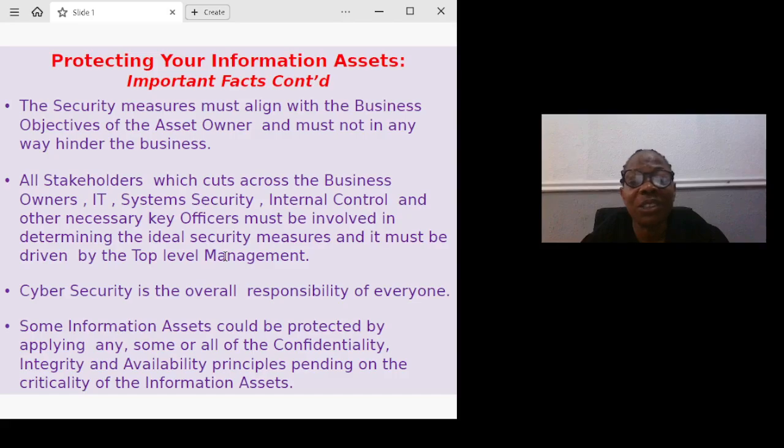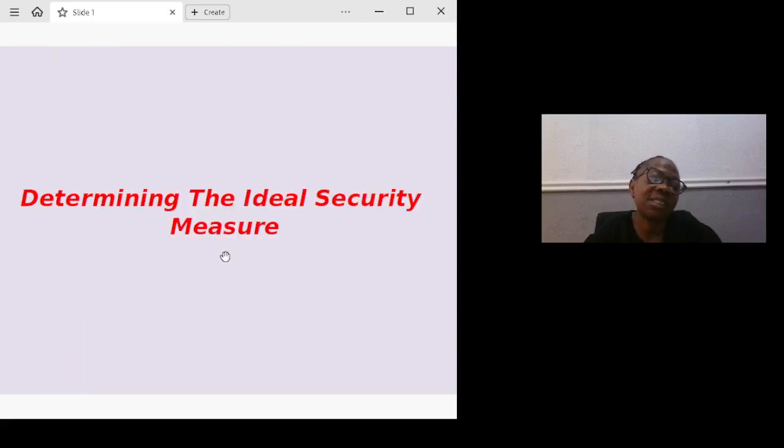So cybersecurity is everybody's responsibility. Everybody's affected here. Some information access could be protected by applying any, some, or all of the confidentiality, integrity, and availability principles. It all depends on the criticality level of the information assets.